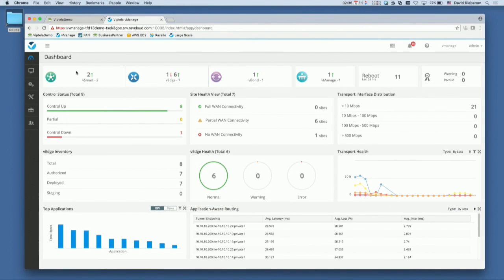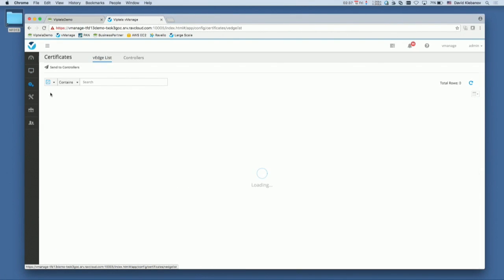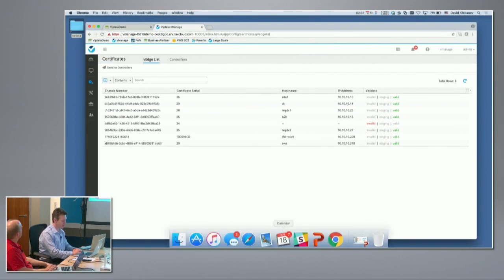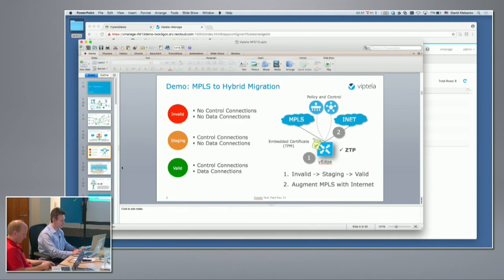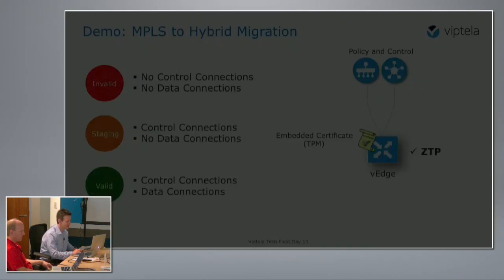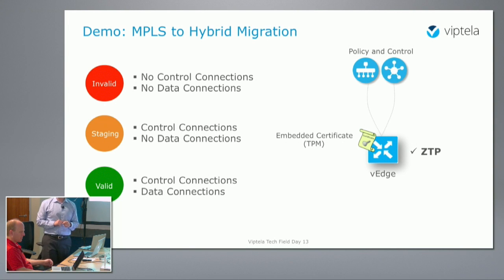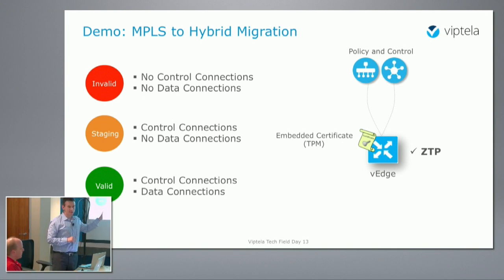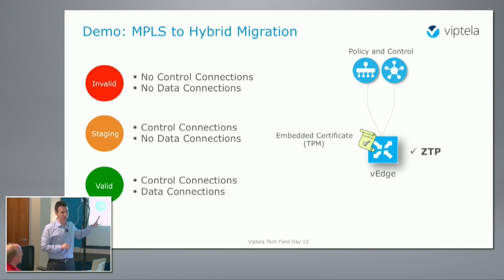All right, so let's look further. I'm trying to bring up a new site. The device had been provisioned. One thing to understand is that when we do zero-touch provisioning service, every device comes with a pre-built, preloaded signed certificate, which Ramesh mentioned in terms of zero trust.